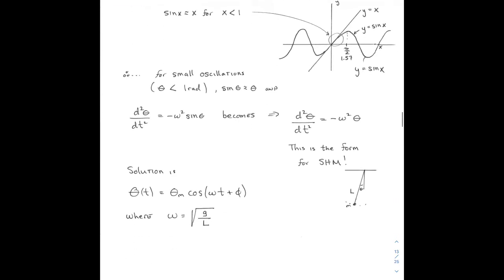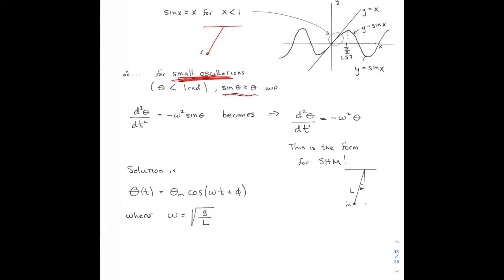So for small oscillations, meaning we take our pendulum and maybe pull it back to less than 20 degrees, sine theta is approximately equal to theta, so we can write sine theta here as theta. This is a small angle approximation. We're forcing our simple pendulum to be a simple harmonic oscillator by only oscillating it at small angles.